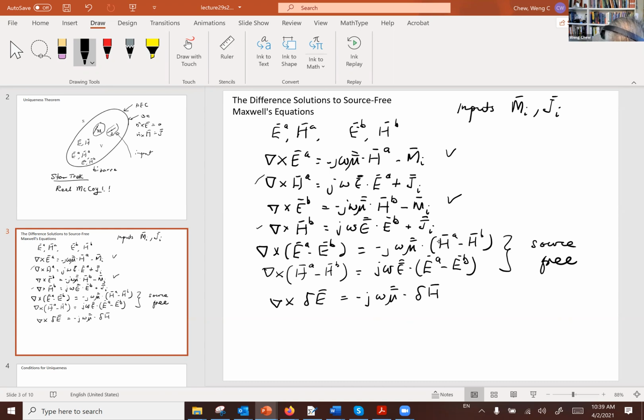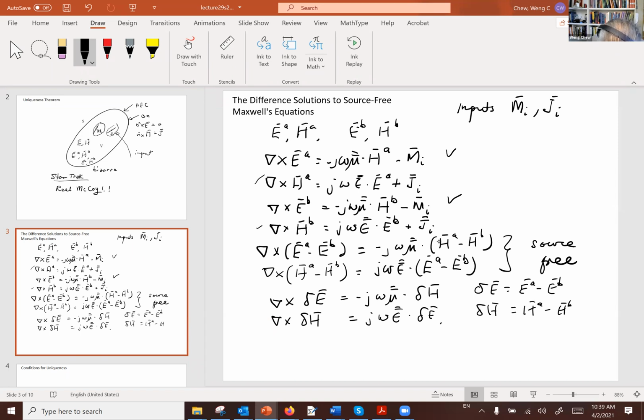Okay, and then curl of delta H is j omega epsilon delta E, where we have defined delta E, which is the different solution, equals E_A minus E_B. And then the delta H, which is a different solution, in this case would be H_A minus H_B.